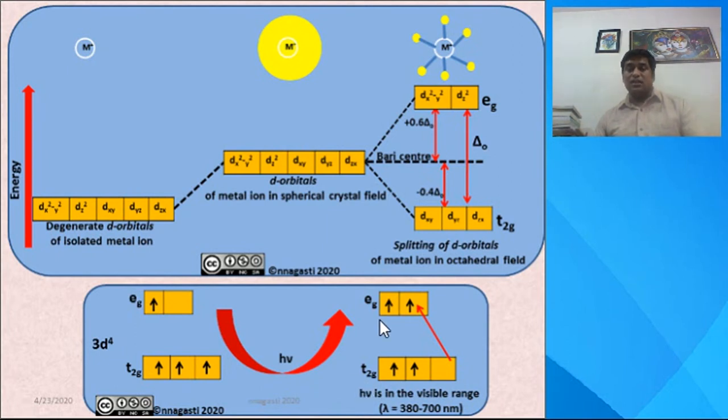Although there are further details that need to be understood to explain spectral properties or color of these transition metal compounds, at this stage we will confine ourselves to this electronic transition only.